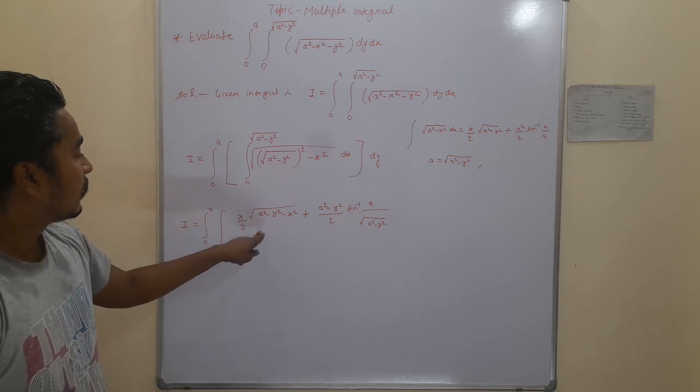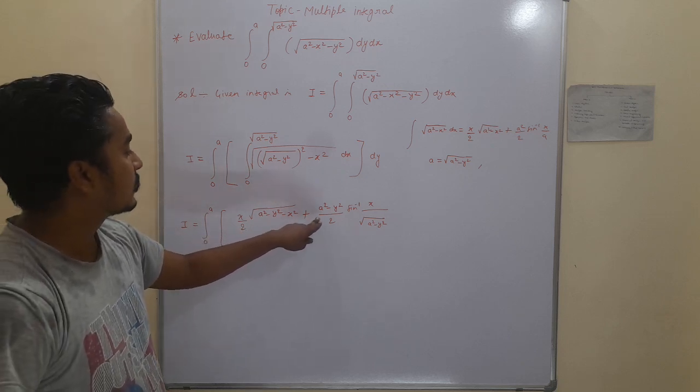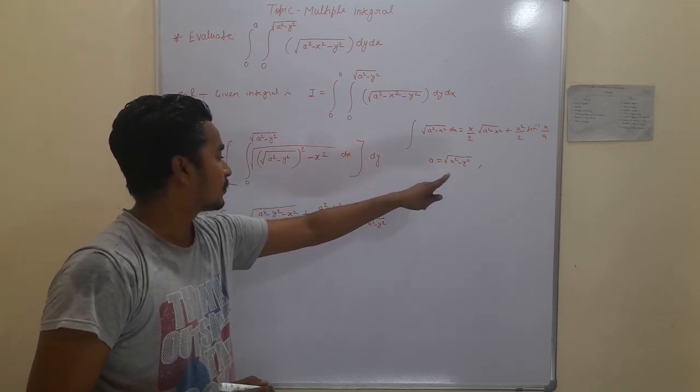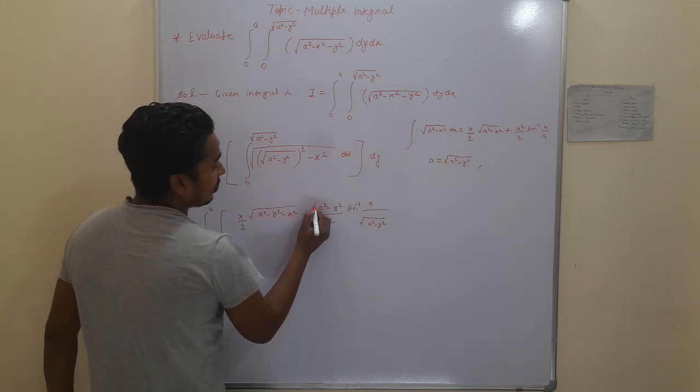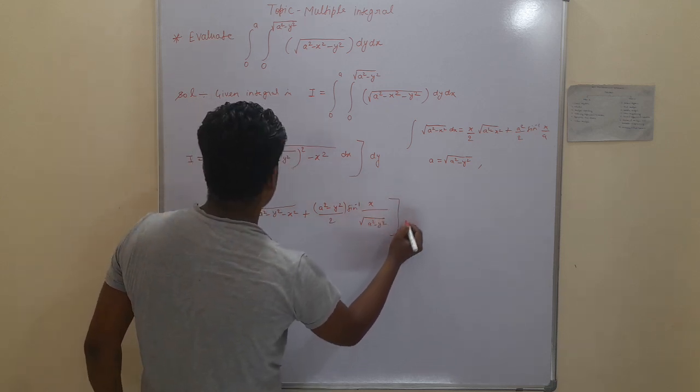That is x by 2 under root of a square minus x square plus a square by 2, where a is under root of a square minus y square, on squaring a square minus y square, and this is dy.